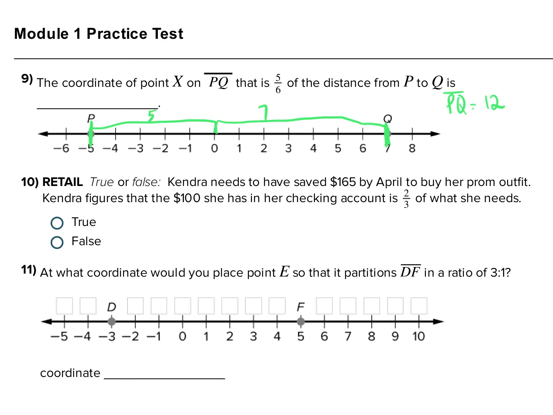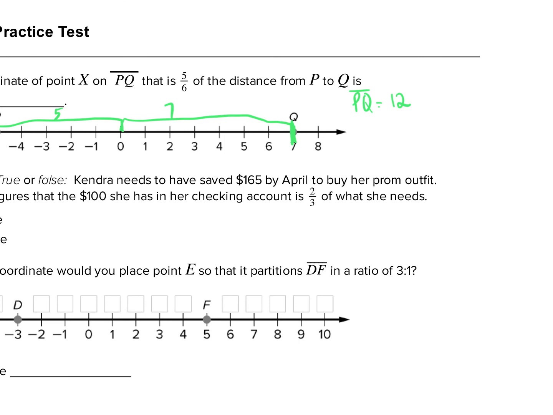So to determine what 5/6 of 12 is, we have to multiply. 12 times 5/6. And remember, when we multiply by a whole number, we put that over 1. Now, you can multiply straight across. So 12 times 5 is 60. 1 times 6 is 6.